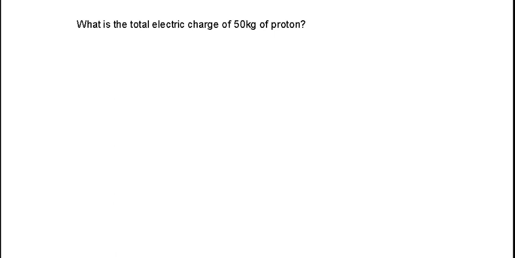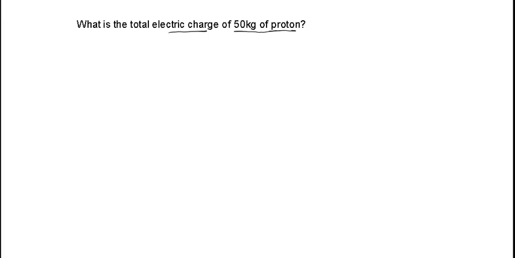The first one is the total electric charge. And the second one is the total mass of proton. Now let's write them out.